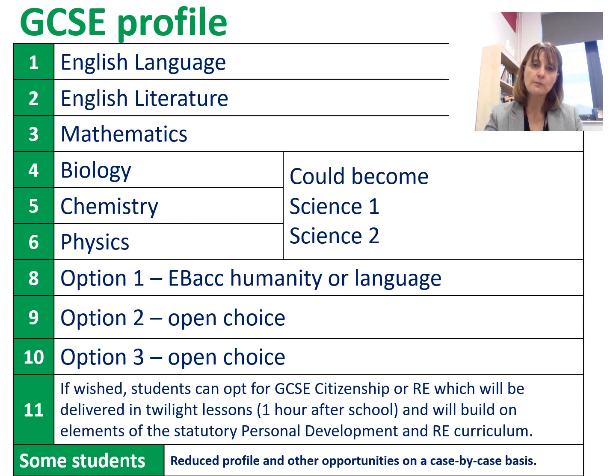You'll see right at the bottom that for a very few students on a case-by-case basis, some students might have a very reduced number of GCSEs and in some cases alternative provision, but that's not something we offer as an option. That would be done in discussion with the student and always with the parents and carers.